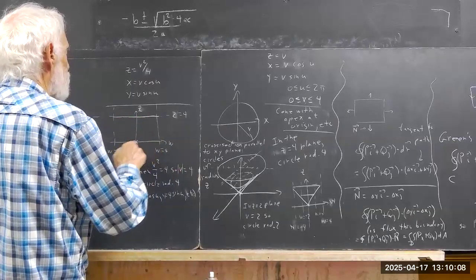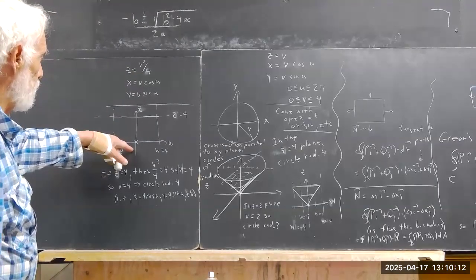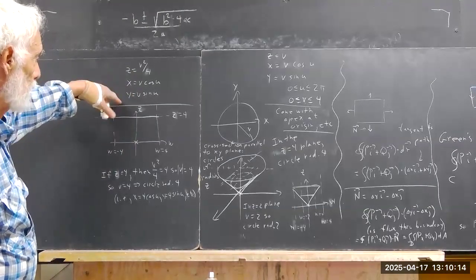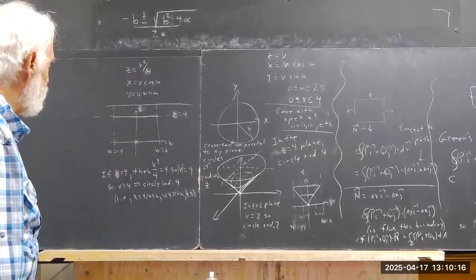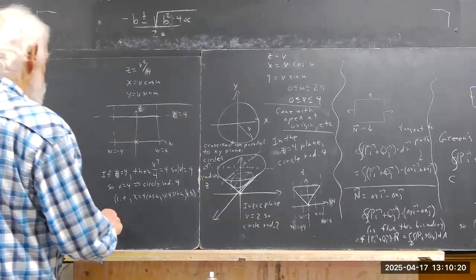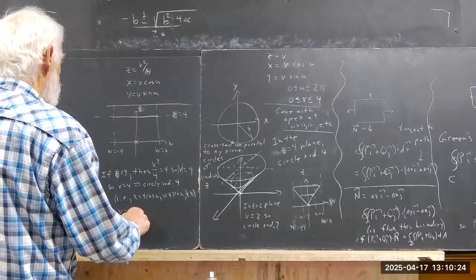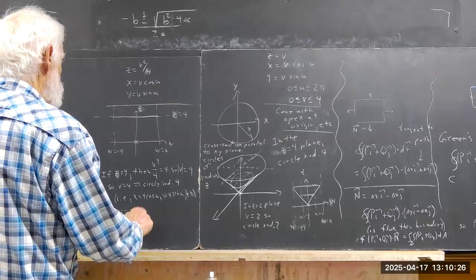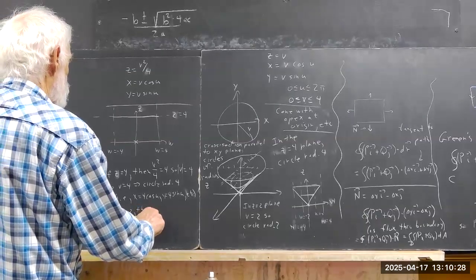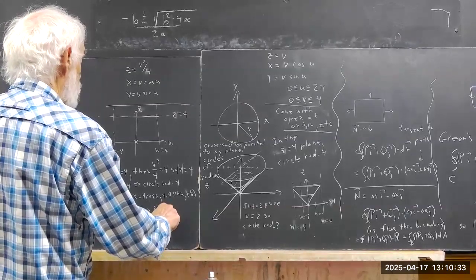So we've got this. Of course, if V equals 0, we've got Z equals 0, and both X and Y are 0 if V is 0. Okay. Now, if V equals 2, then Z equals 1.